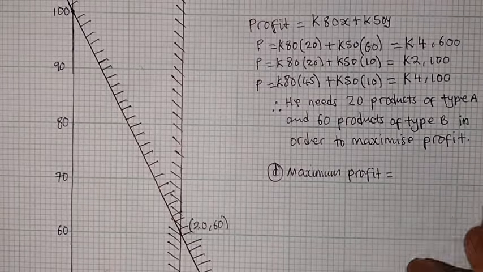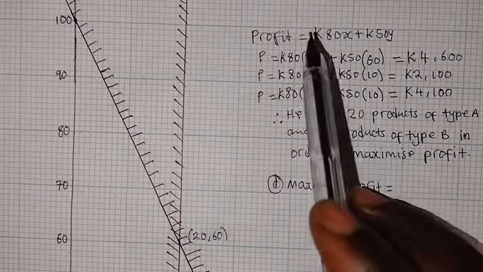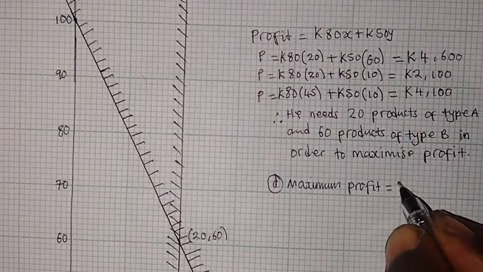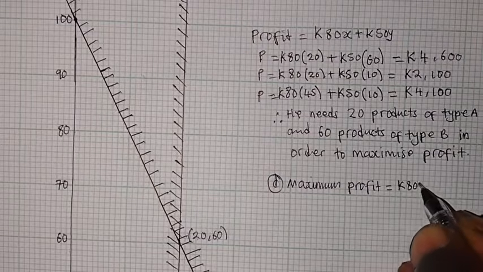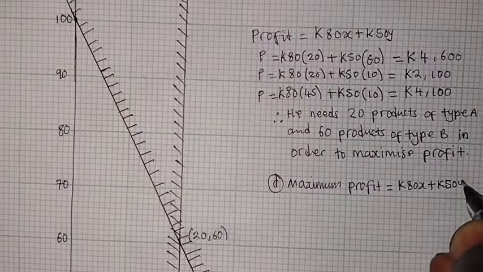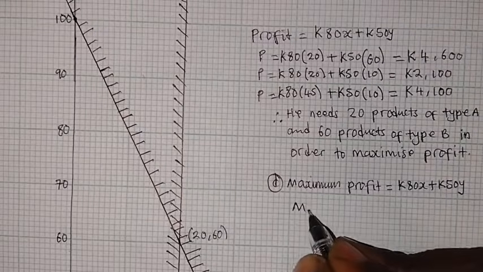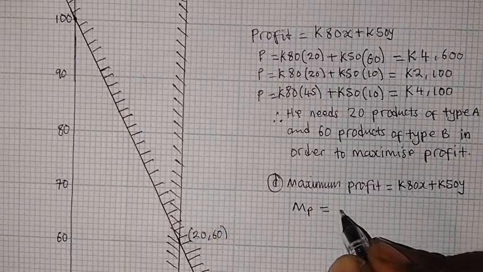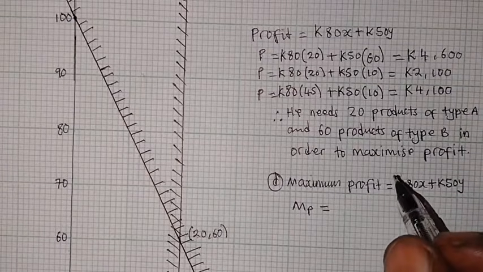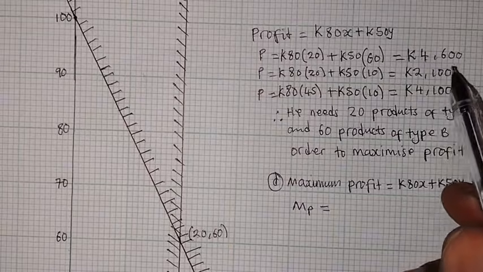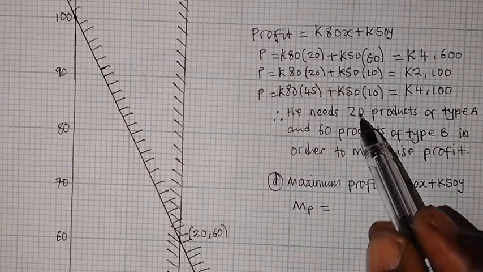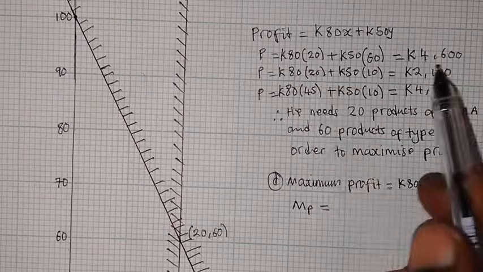is equal to. So to get your maximum profit, you get this same objective function that you came up with. You write 80x plus 50y. Then maximum profit is equal to. So now from here, you look at which coordinates gave you the maximum profit. We have 4,600. This is the maximum profit. It's 20 and 60. So which one was it?